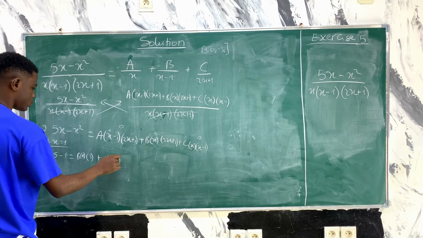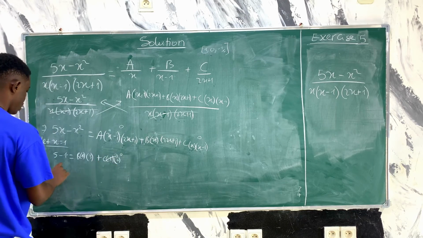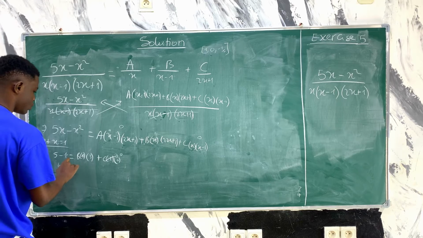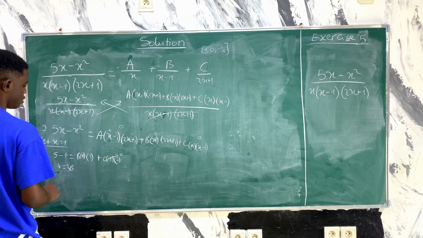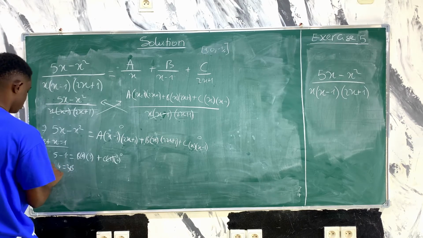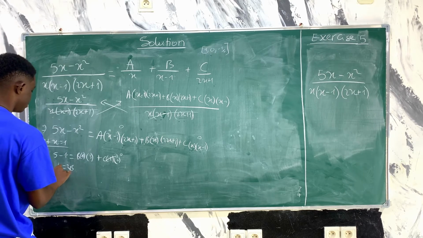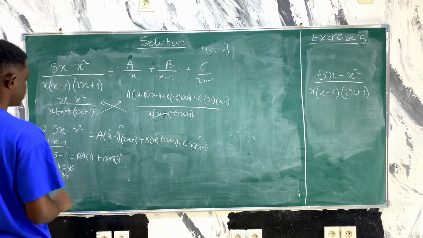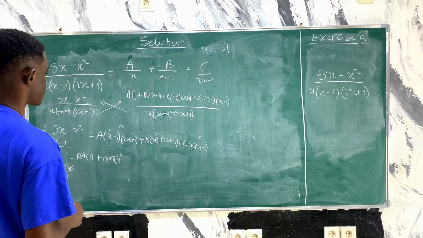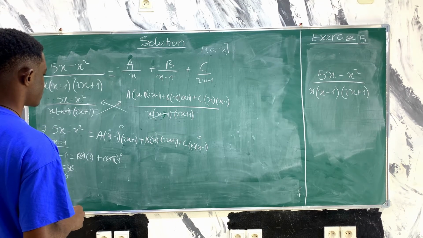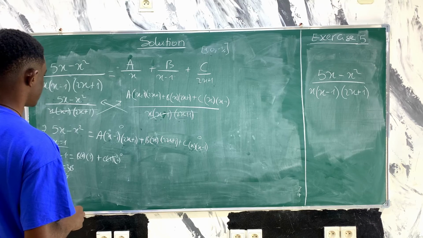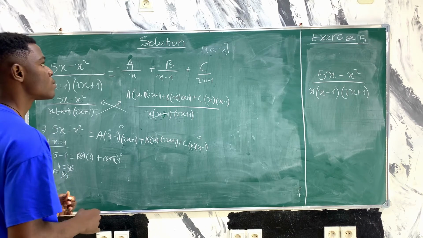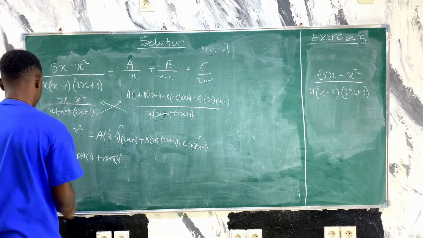So 5 minus 1 is 4, which is equal to 3b, which implies b is equal to 4 on 3. Yeah, that's it when I let x be 1.